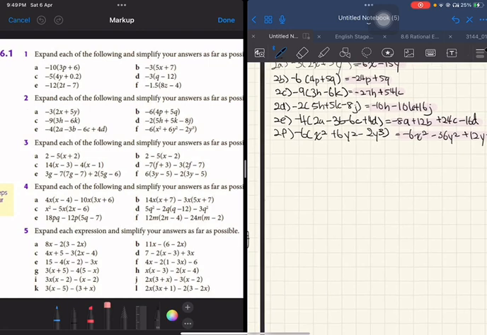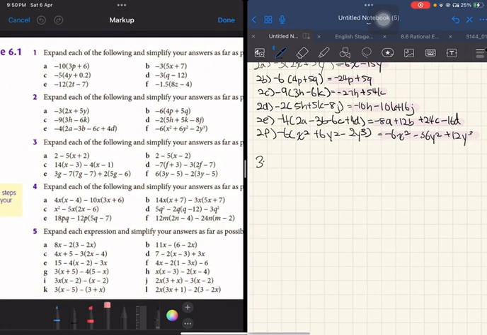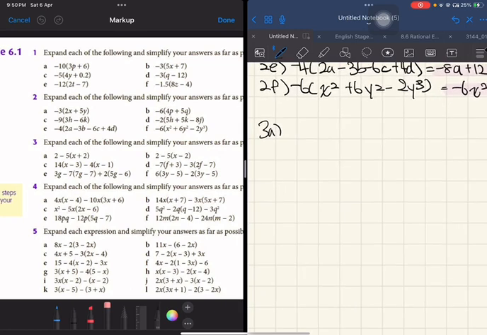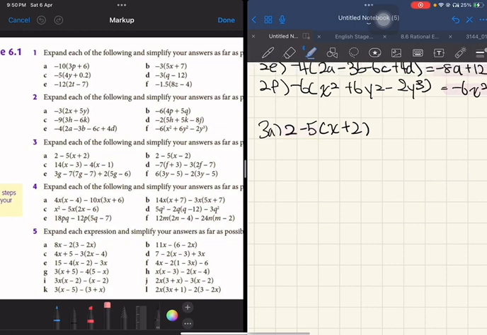Okay, now we're done with question 2. Let's continue on with question 3. Question 3 is a little bit different, but it's okay. So 2 subtracted by 5x plus 2. As you can see, there are more numbers here now, but you only have to look at the number closest to the bracket, which is negative 5.